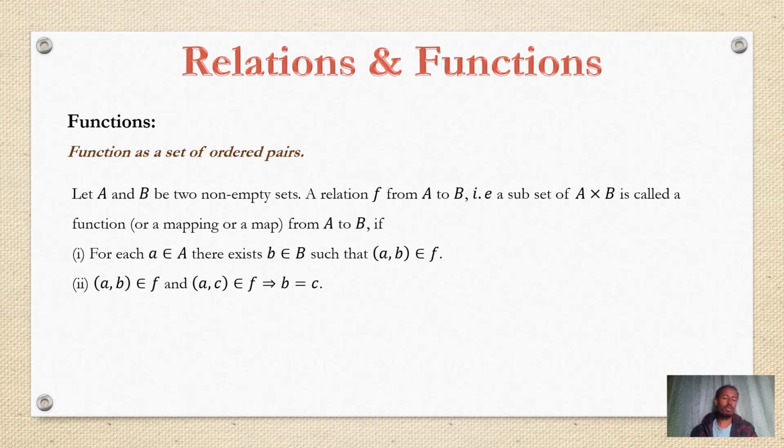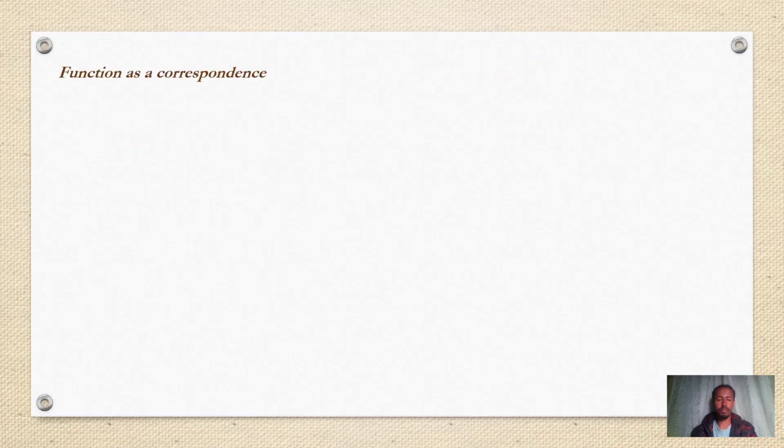The first one is for each a, an element of A, there exists b, an element of B, such that (a, b) is an element of the function f. And the second one is if (a, b) is an element of f, and also (a, c) is an element of the function f, then it implies that b is equal to c.